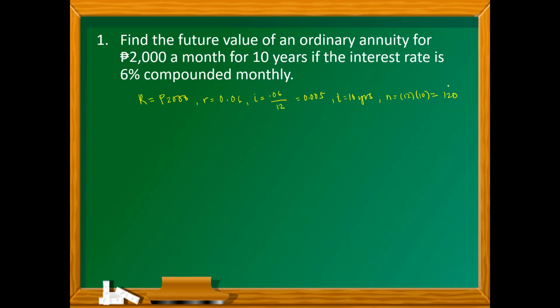Substituting the given in the formula to solve for the future value and using your calculator. So S equals 2000 times quantity 1 plus 0.005 to the 120th power less 1 all over 0.005.